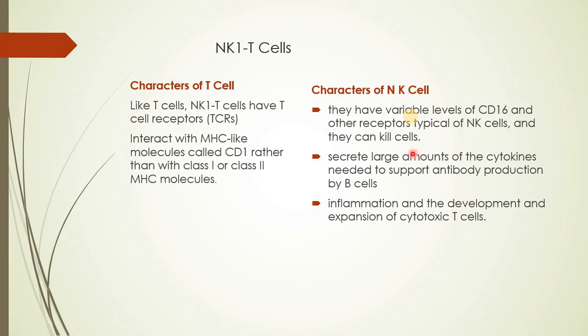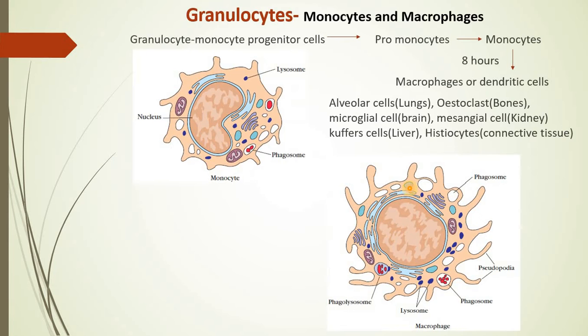Apart from that, these NK cells play an important role in responses like the development of inflammation, and also lead to the development and expansion of cytotoxicity with reference to T cells.